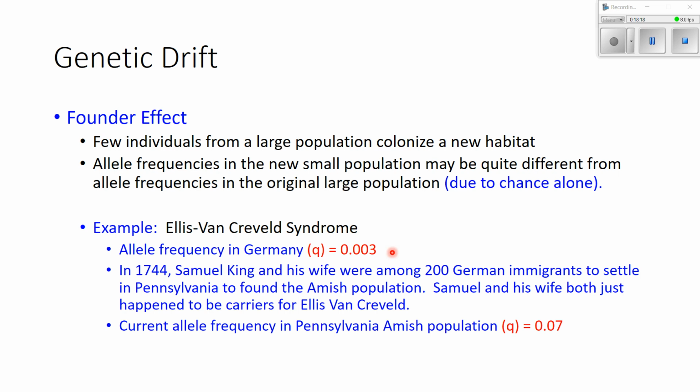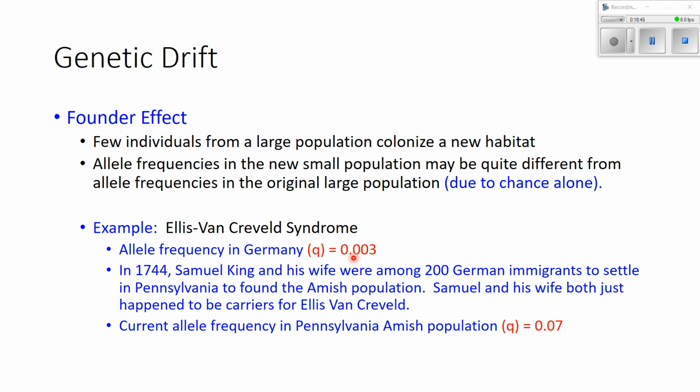So it's a form of polydactyly, extra fingers and toes. And it's very rare. So if you were to look in the German population, like all of Germany, millions and millions of German people, the frequency of the recessive allele that causes Ellis-Van Creveld is 0.003. Like it's almost zero. It's so rare.